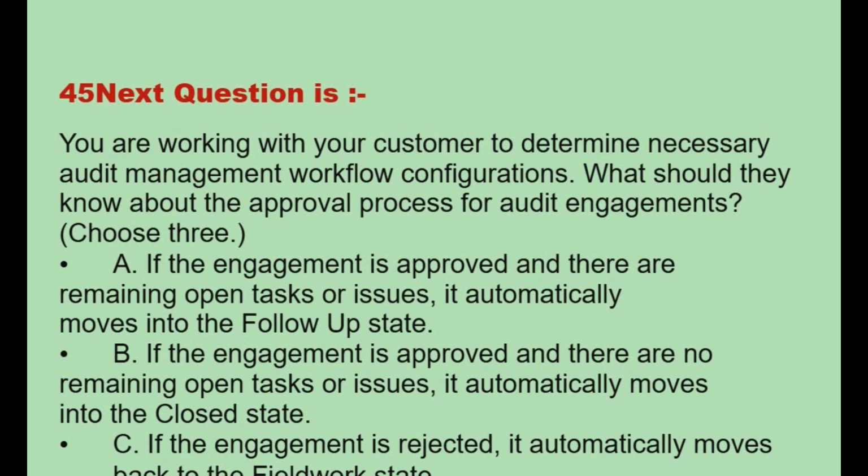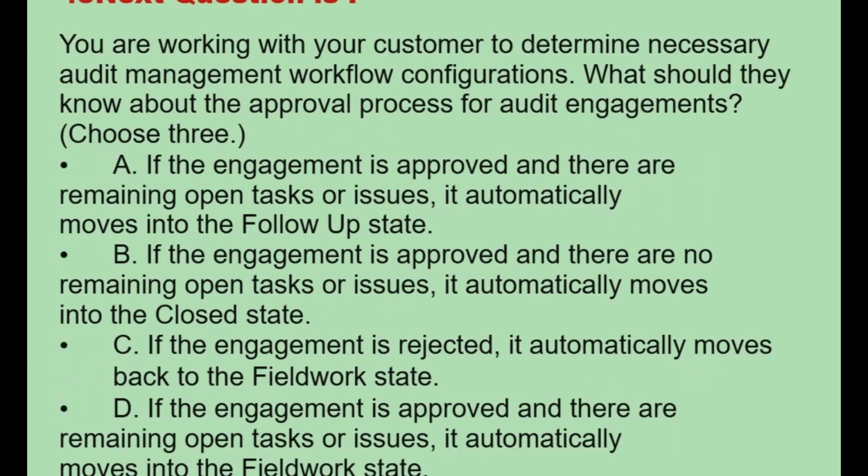Question is, you are working with your customer to determine necessary audit management workflow configurations. What should they know about the approval process for audit engagements? Choose three options. Option A, if the engagement is approved and there are remaining open tasks or issues, it automatically moves into the follow-up state. Option B, if the engagement is approved and there are no remaining open tasks or issues, it automatically moves into the cloud state.